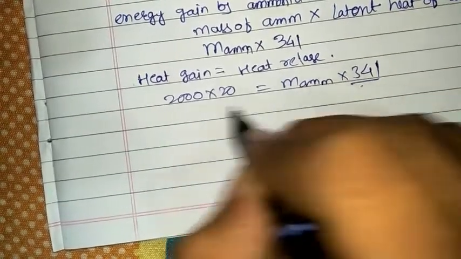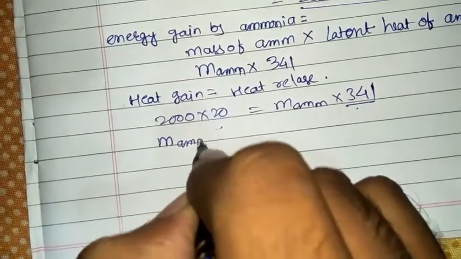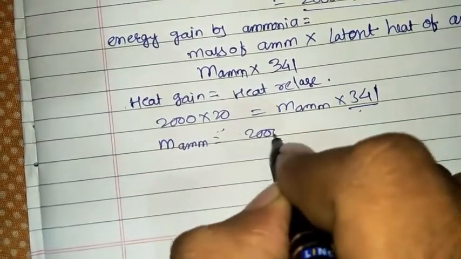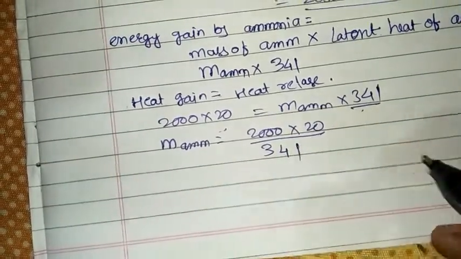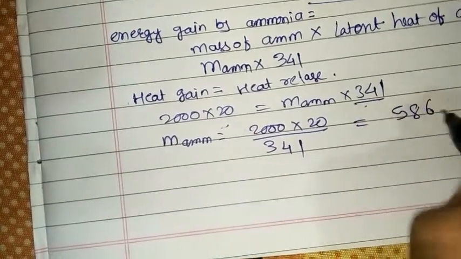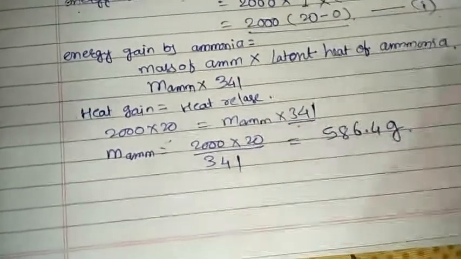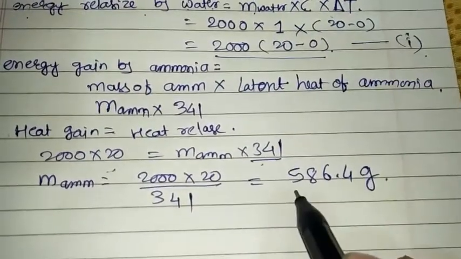When we put this value on this side, mass of ammonia is equal to 2000 into 20 divided by 341. When you do the calculation, you get the answer, that is 586.4 gram. This is the mass of ammonia.